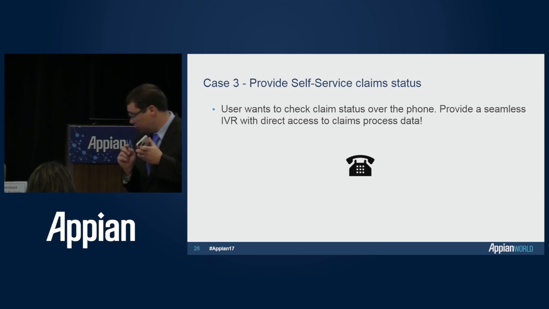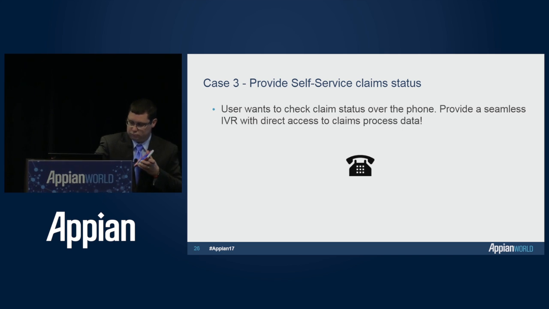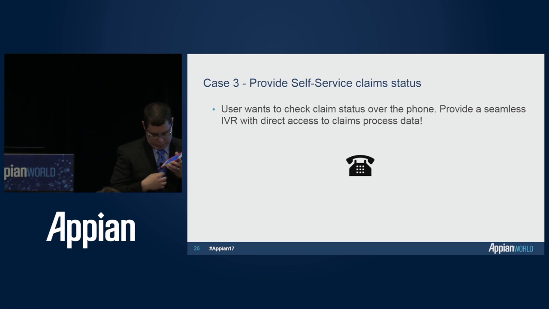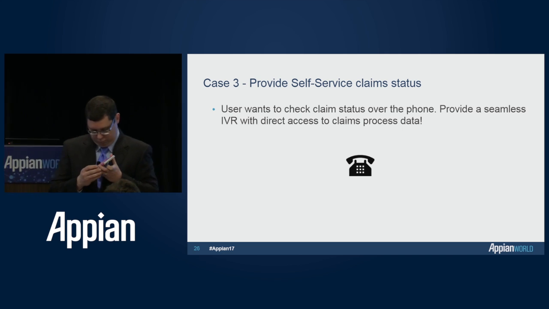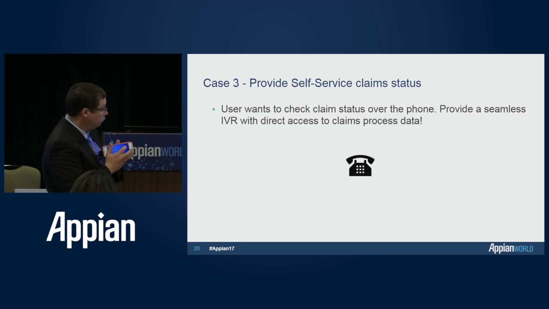To file a new claim, press 1. To hear information about your current claim, press 2. Please enter your claim ID. So I'm going to enter it: 352.